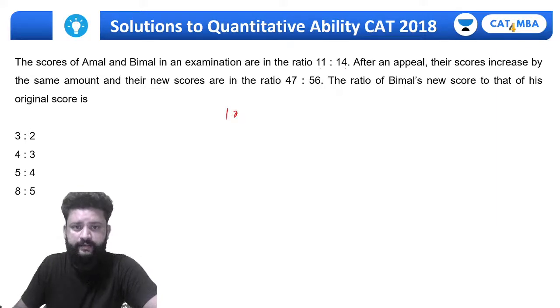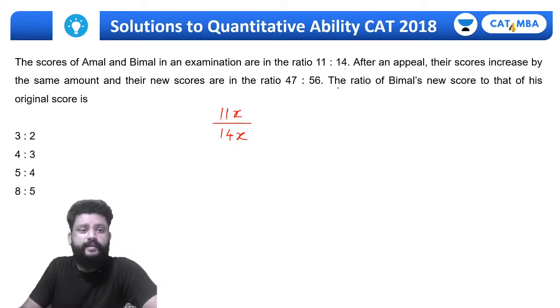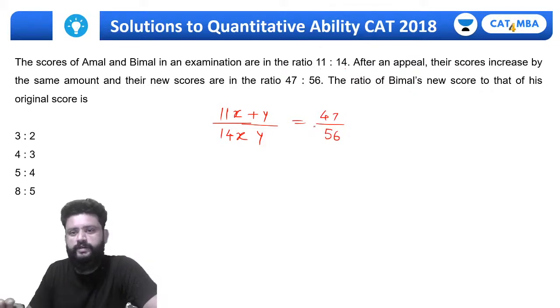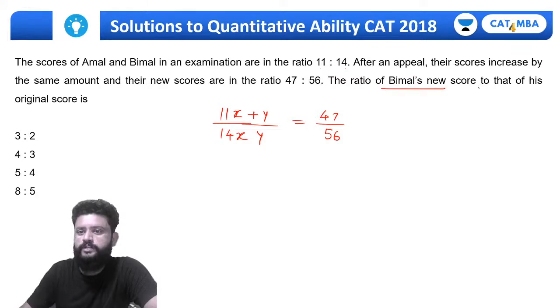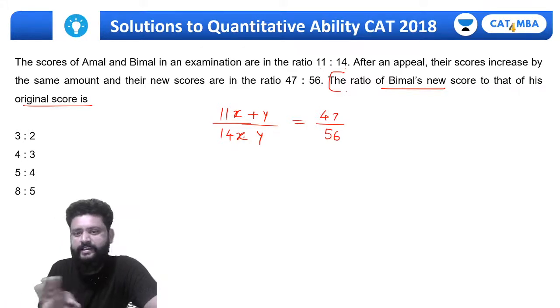So I can take it as 11x and 14x. After an appeal, their scores increase by the same amount. Let's say their scores got increased by y, and this must be equal to 47 by 56. That's what is given. So simply you need to get the relation between x and y. The question asks for the ratio of Bimal's new score to his original score. The question is quite different at last, but first of all we'll get the relation between x and y using the hint.